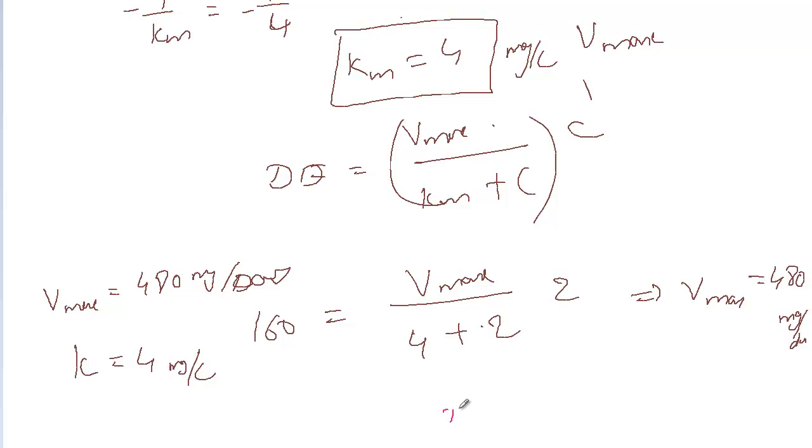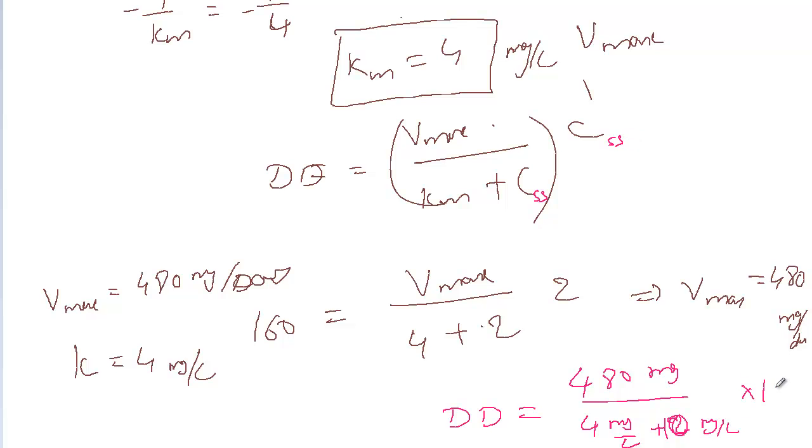Daily dose we have no idea about. Vmax is 480 mg per day, divided by Km, 4 mg per liter, plus the required concentration at steady state, 10 mg per liter, times the concentration at steady state, 10 mg per liter.